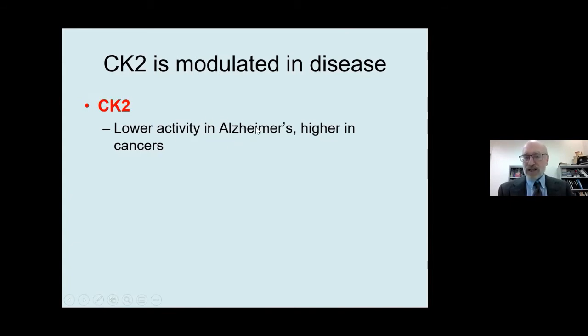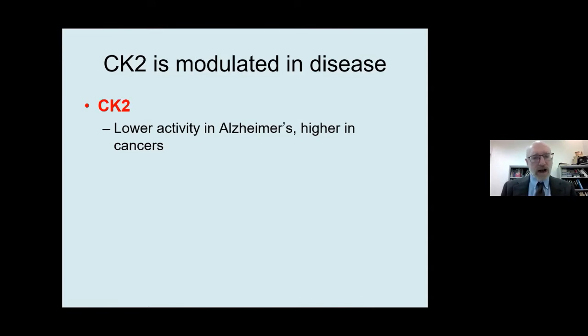It's lower in Alzheimer's disease patients, or lower activity, lower levels of CK2, and it's certainly upregulated in cancer, so there's an increase in CK2. Both in Alzheimer's and cancer, you might expect altered transport. So we started wondering whether CK2 was somehow contributing to control of motor activity.